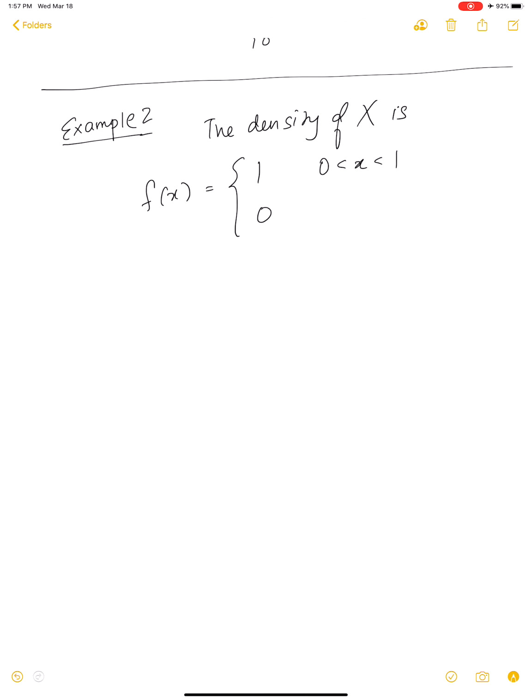So let's suppose the density of a random variable x is given by f of x is 1 if x is between 0 and 1 and 0 otherwise. Okay, so just so that you know, for those of you who have seen this, the random variable x is said to be uniform 0, 1. It's uniformly distributed in the interval 0 to 1.